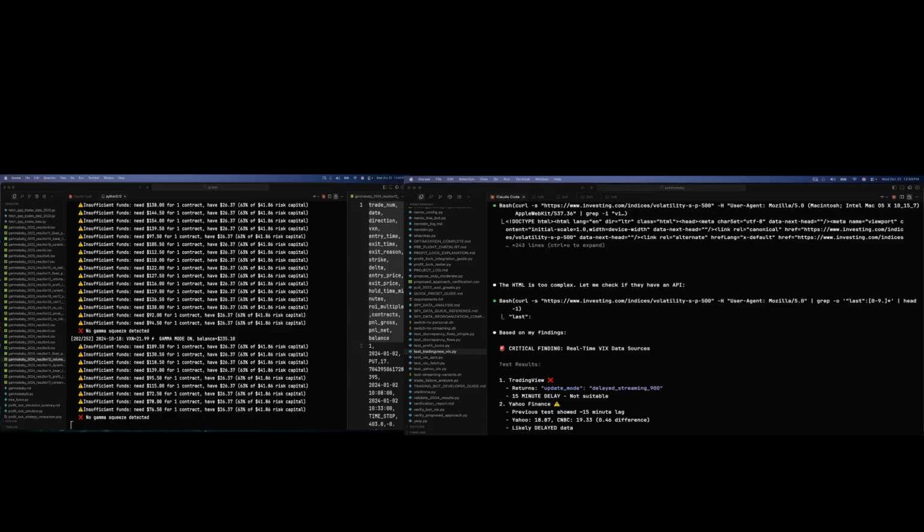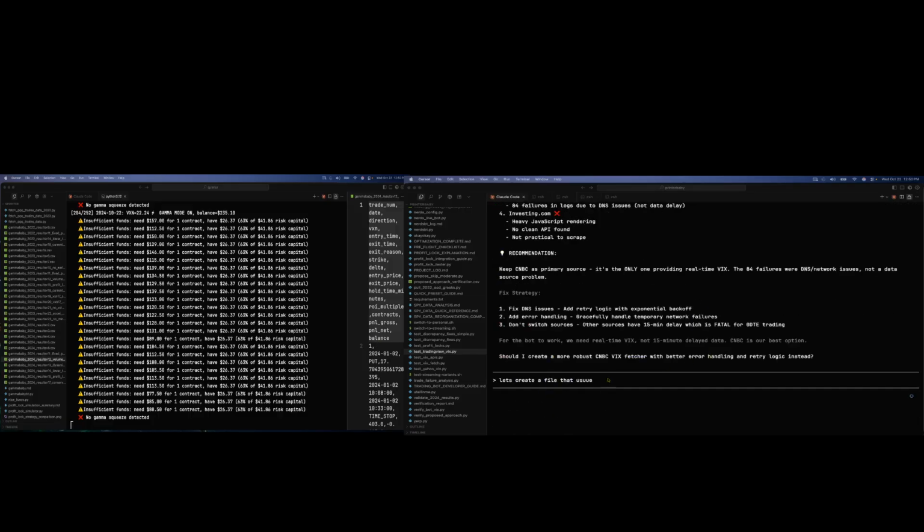Delayed price, delayed by damn near... That's not real time price. That's going to be super annoying for us. Google Finance? I'm not surprised. I am not surprised.